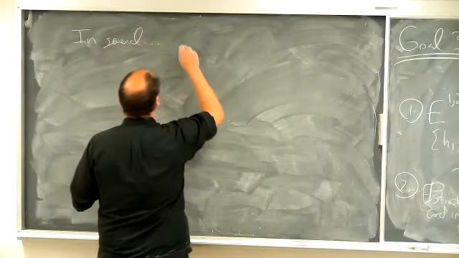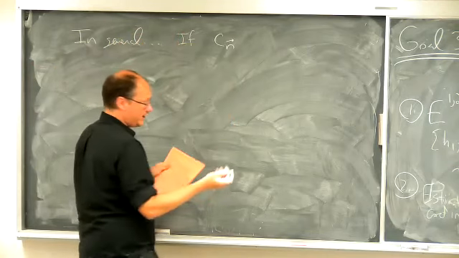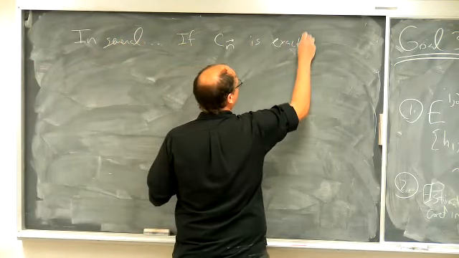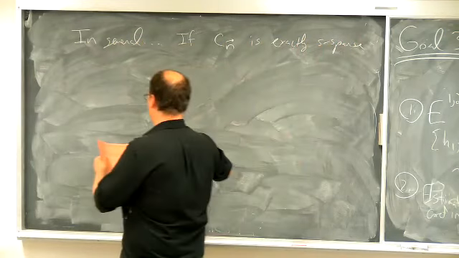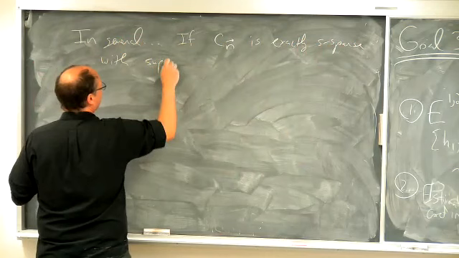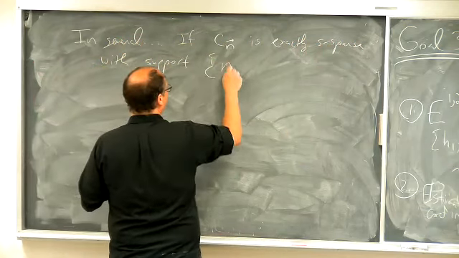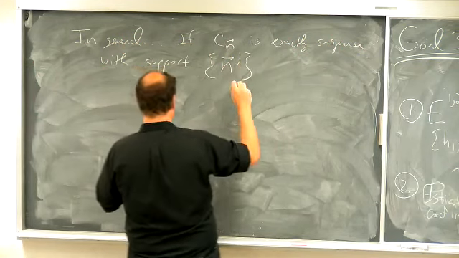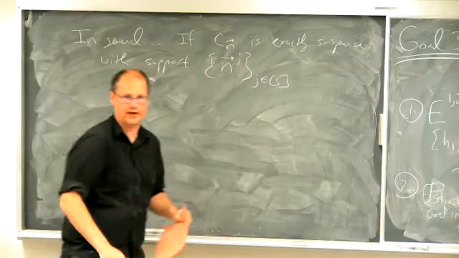If we have one of these functions, and Cn is exactly S sparse, we'll just stick to that case, with support. So let's say the support is nj. So they're j vectors. Enumerate them this way, I guess.